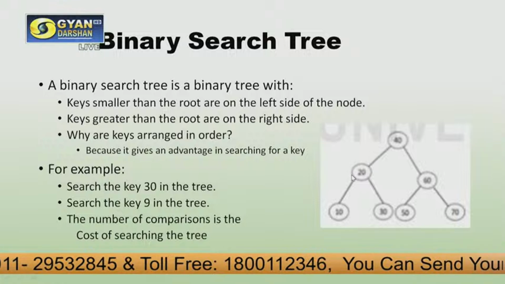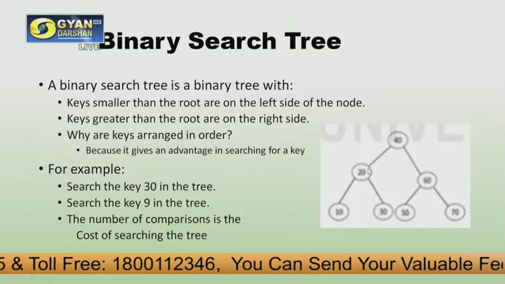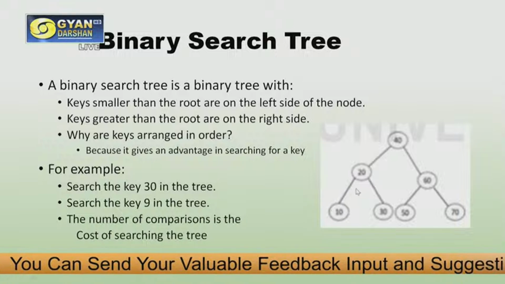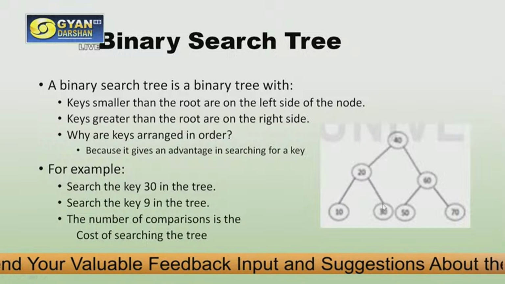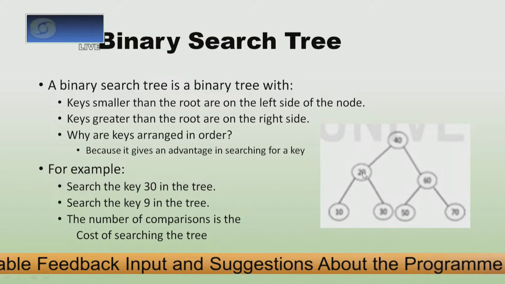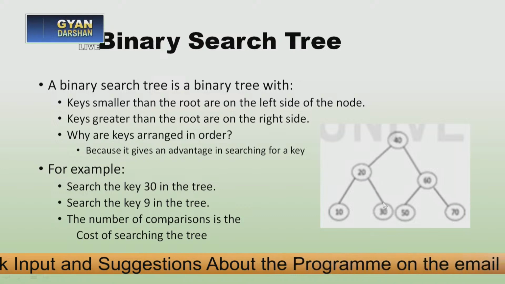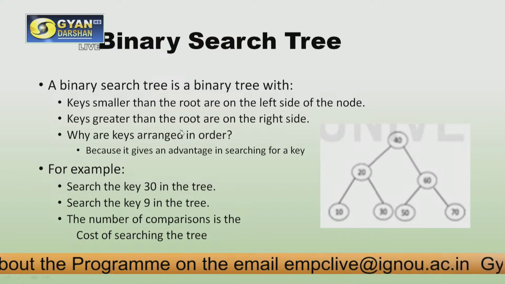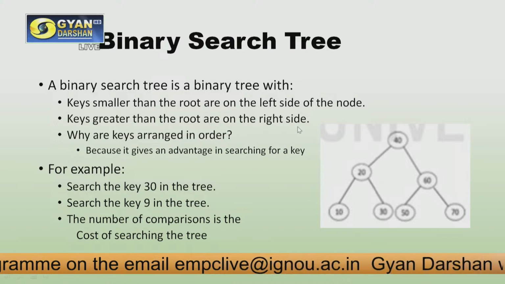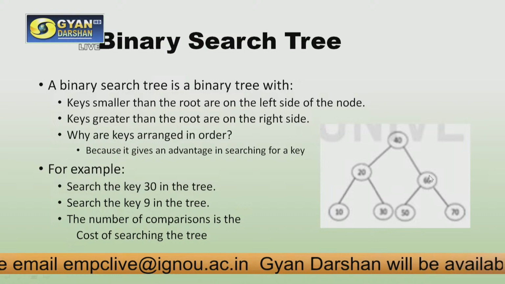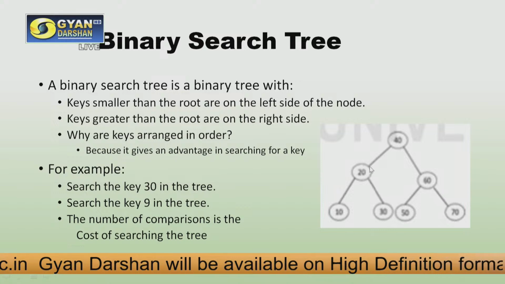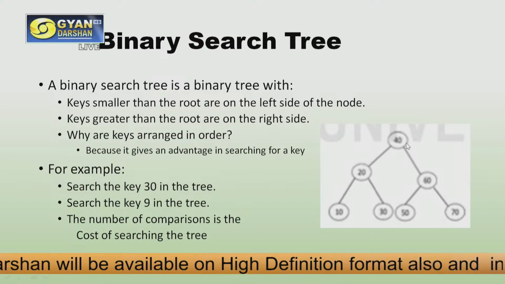So all the keys in the left subtree are smaller than the root element in this particular case. Similarly, for this node 20, the left subtree is smaller. And anything on the right subtree for a node is going to be bigger than that node's value. So keys greater than the root are on the right side. This is valid for all the nodes of this binary search tree.